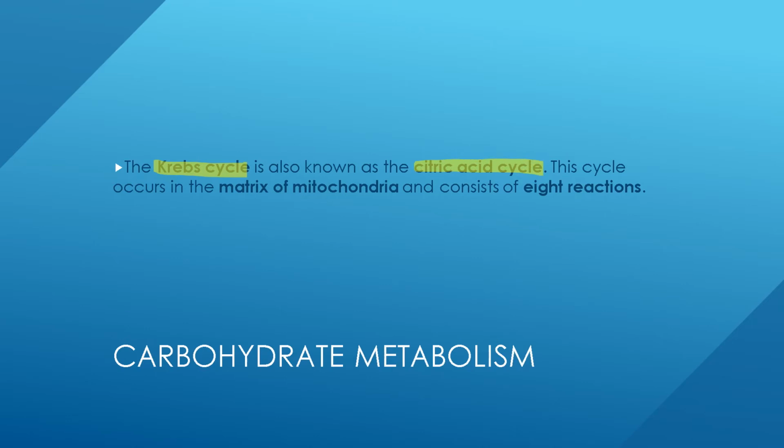This is because the first molecule formed when an acetyl group joins the cycle is citric acid. These reactions occur in the matrix of the mitochondria and consist of a series of oxidation and reduction reactions, as well as decarboxylation reactions that release carbon dioxide.